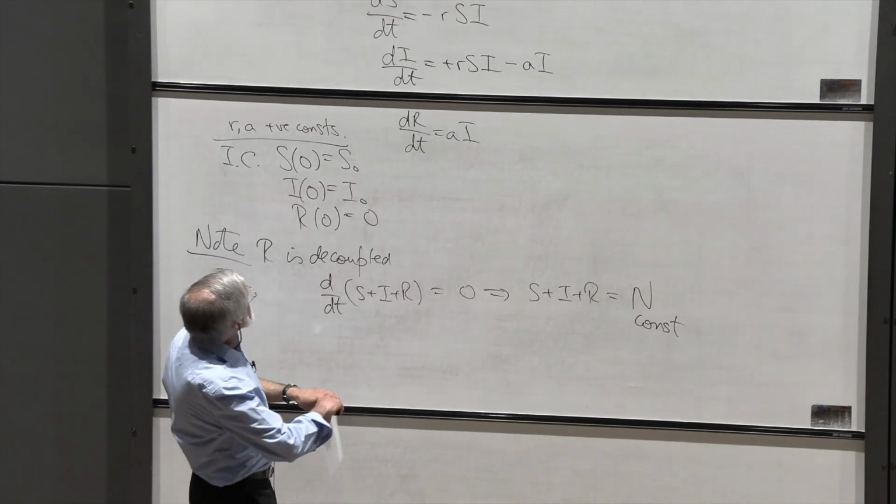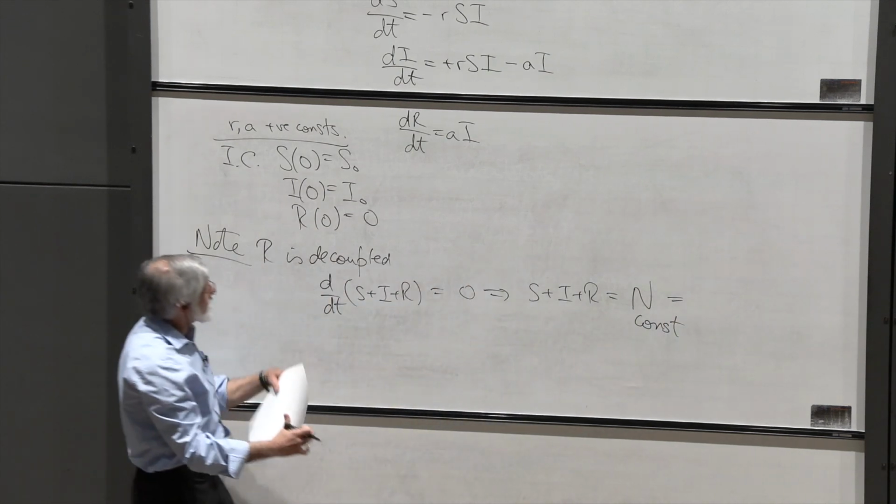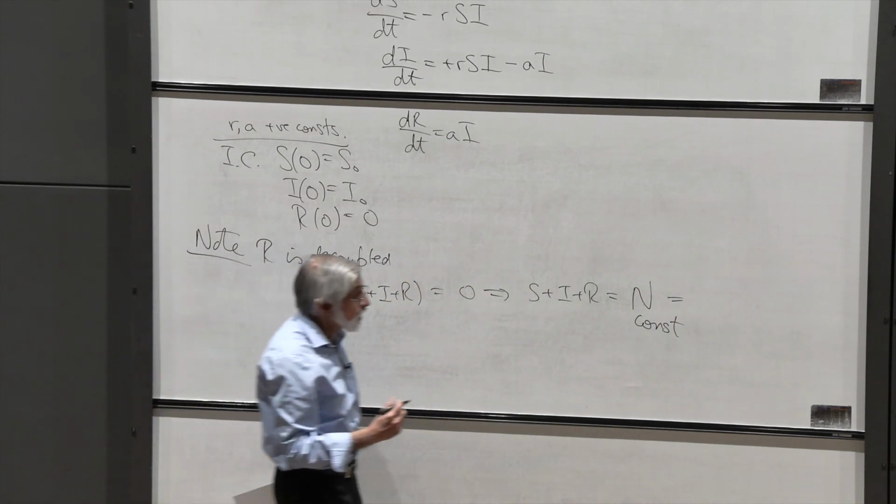Okay? So what's this constant? Well, that constant will be what was the total at the beginning, which is S0 plus I0.